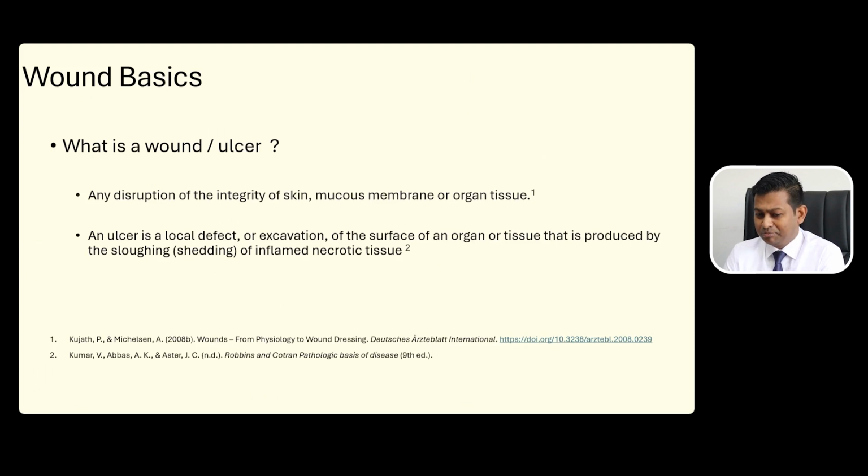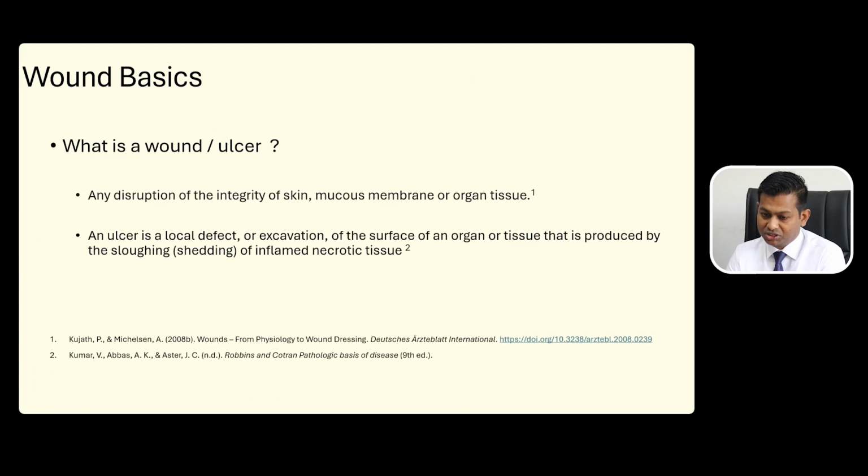In a more simple way, we can say that it's a breach in the continuity of the epithelium or endothelium or an organ tissue. Okay, so that's the first thing. Do you know the difference between a wound and an ulcer? If we go back to the literature and the classical descriptions, a wound means there's an injury occurring from the outside and there's a defect in the continuity of the epithelium.